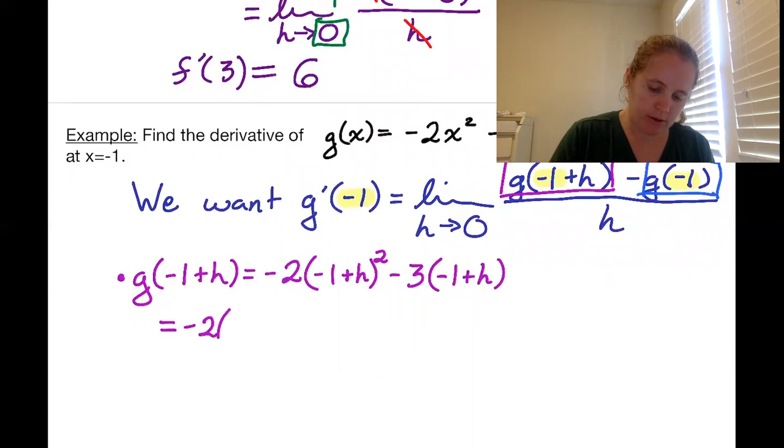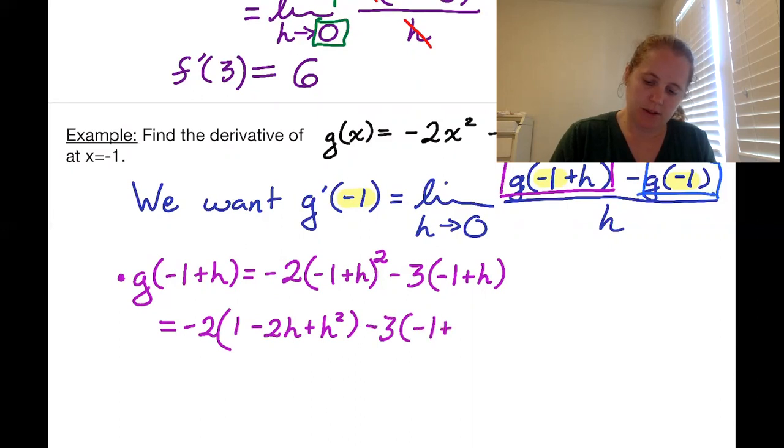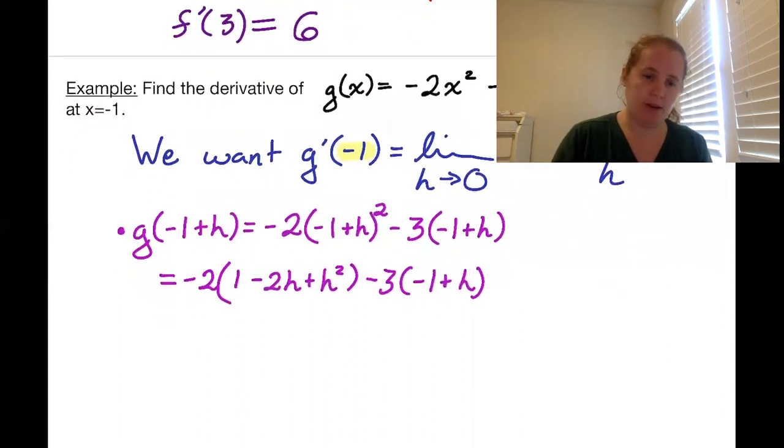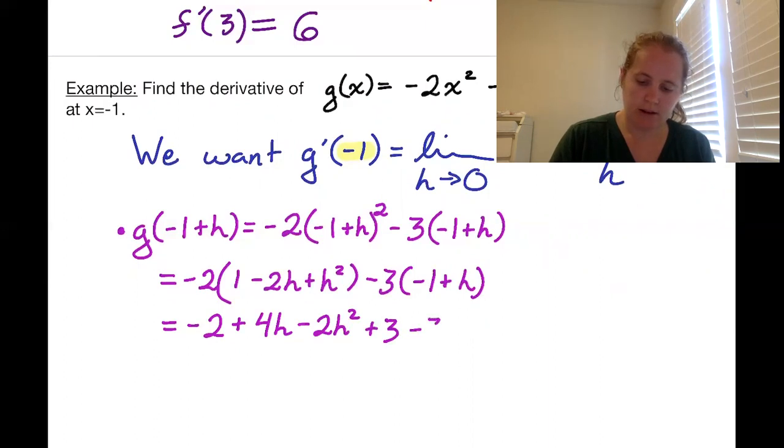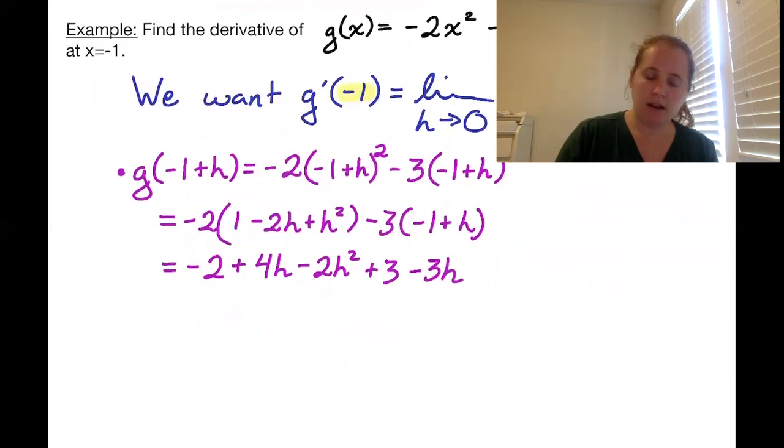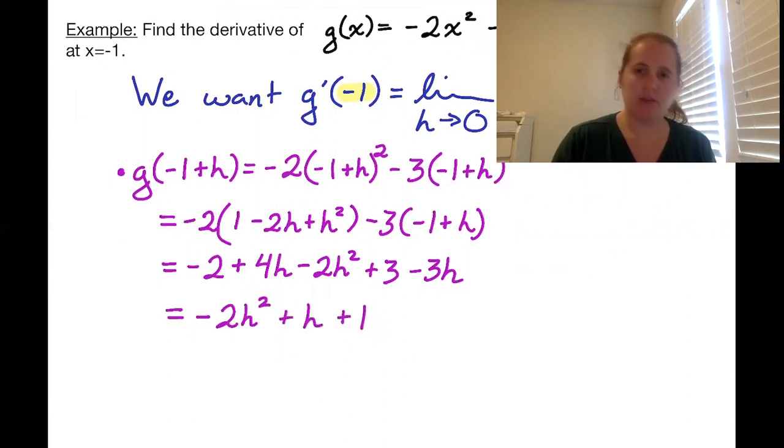We have negative 2 times 1 minus 2h plus h squared, and then minus 3 times negative 1 plus h. We can then multiply in the negative 2 and the minus 3. We have negative 2 plus 4h minus 2h squared, then plus 3 minus 3h. And if we combine like terms and rearrange, this becomes negative 2h squared plus h plus 1.